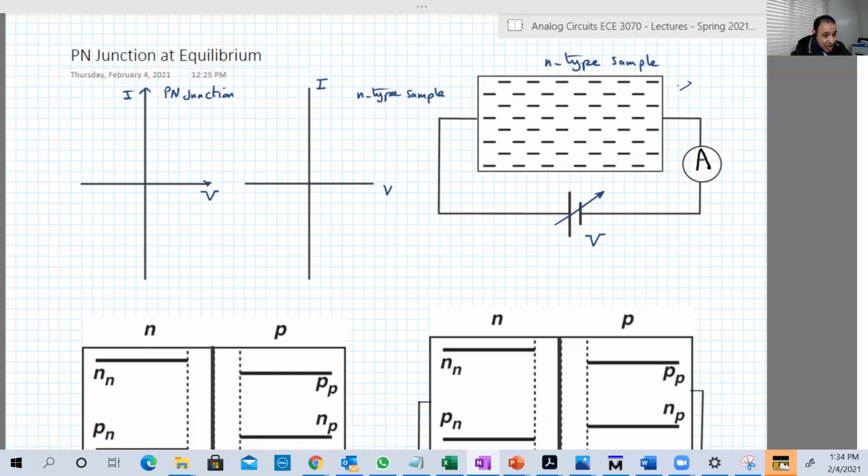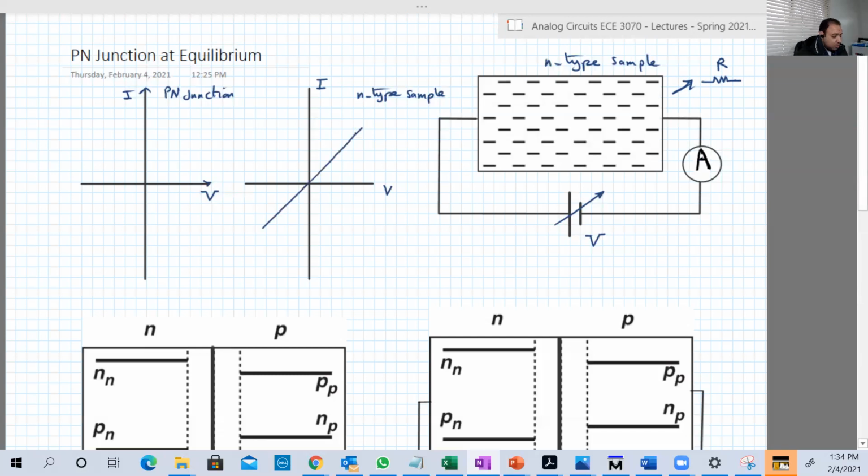Let's now ask the question: what do you expect? Basically, the answer should be that this N-type sample is just like a resistor with some resistance R.